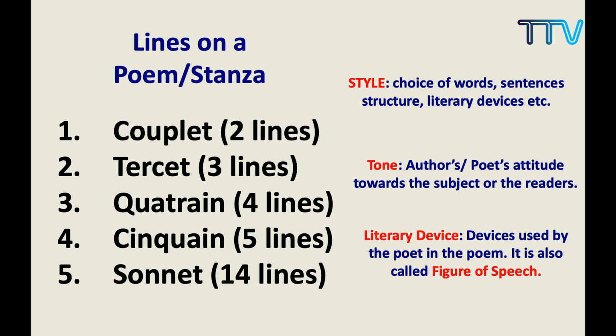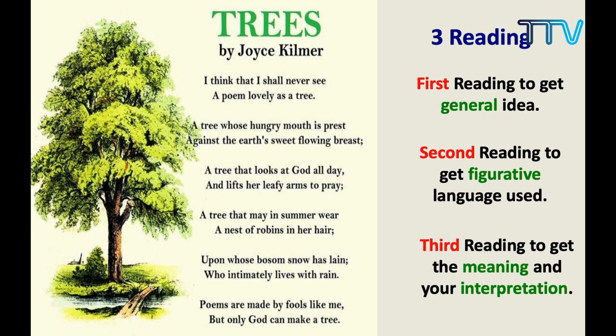We will learn all these things in the next session. So you will also look at what literary devices are used by the poet. In this session, we have learned about the reading of poetry.